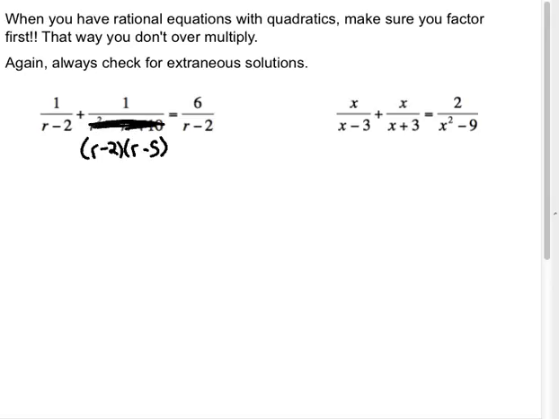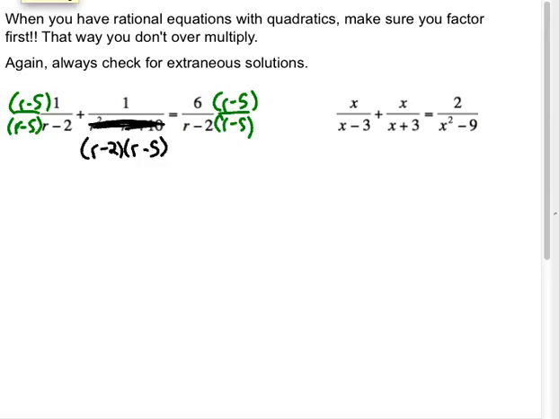When you can factor the denominators, remember, factoring is all over this chapter. Once I do that, now I can see what's going on here. Every piece already has that r minus 2, but these two pieces right here are missing the r minus 5s. So I have to incorporate those r minus 5s.